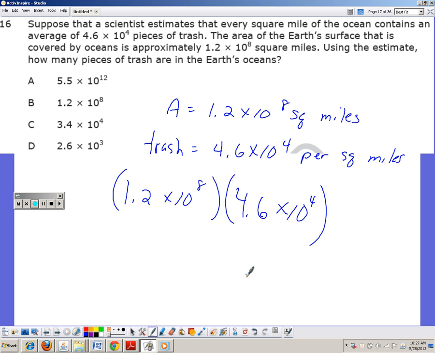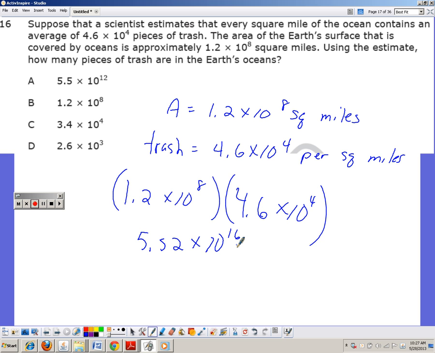Remember, keep each scientific notation in its own set of parentheses. Also remember to use your exponent key on your calculator. And you should get a number that says 5.52 times 10 to the 16th power.